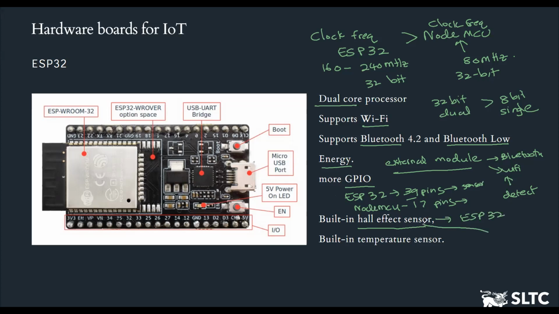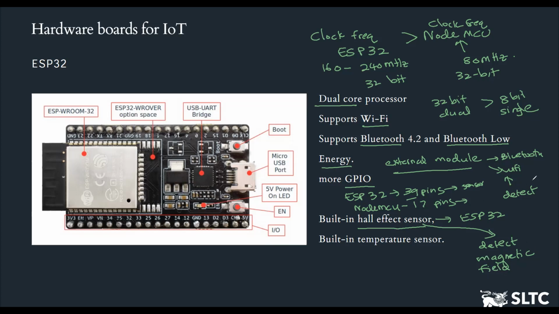The Hall effect sensor is used to detect the magnetic field around us. This Hall effect sensor is embedded in the ESP32 microcontroller, and it can measure the magnetic field around the environment.